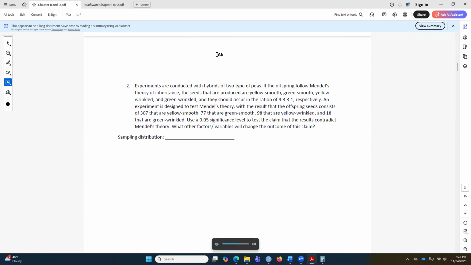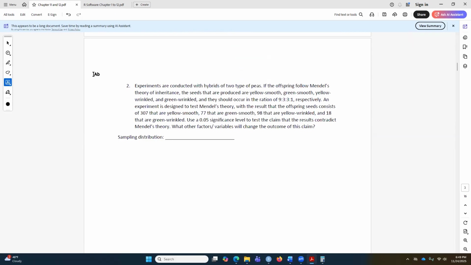All right. Question 2 says that experiments are conducted with hybrids of 2 types of peas. If the offspring follow Mendel's theory, he is a famous biologist, or geneticist, I believe, of inheritance, the seeds that are produced are either yellow smooth, green smooth, yellow wrinkle, or green wrinkle.